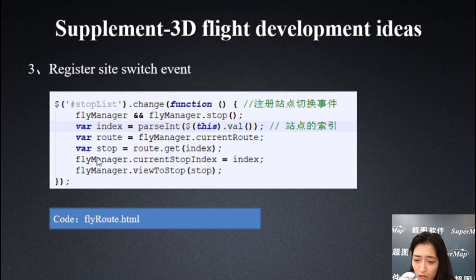So it's through the will stop, transferring its information to the route dot get through the stop.